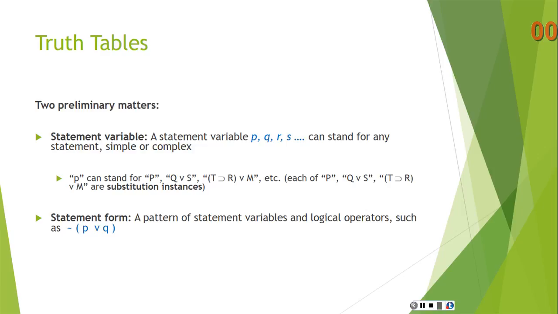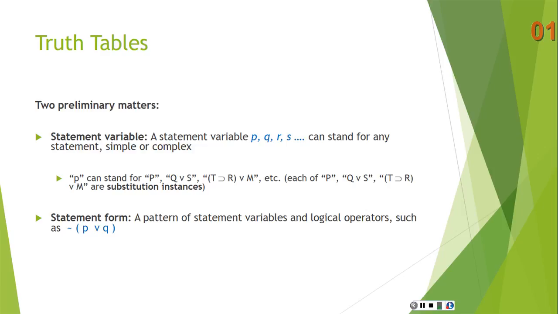So P, the lowercase letter P, can stand for any statement, simple or complex, in propositional logic, such as P, Q or S, T then R or M, etc. Each of those is considered a substitution instance.